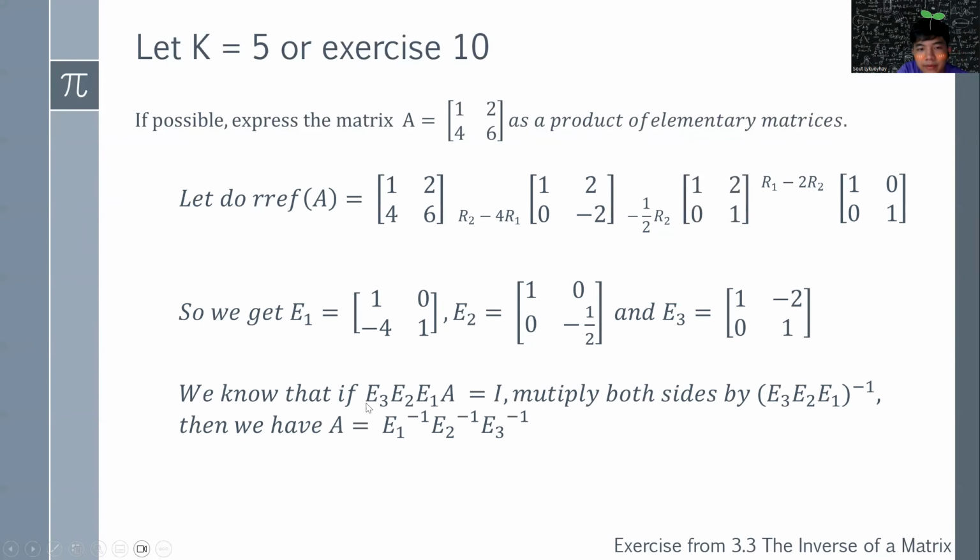Then we know that E3 times E2 times E1 times A equals E. When we multiply both sides by E3, E2, E1 inverse, then we're going to get A here. When you multiply here, you get E, and E is the identity, so we don't have to write it again.